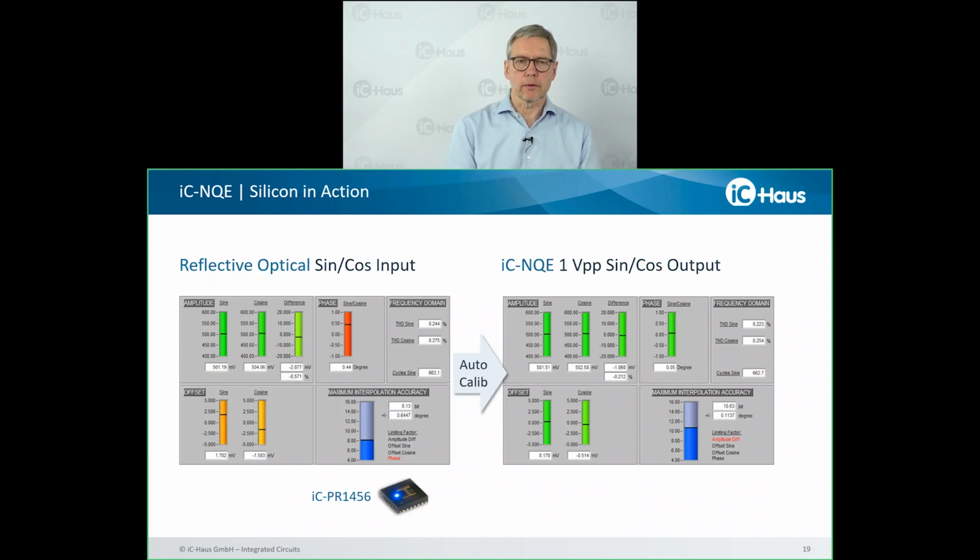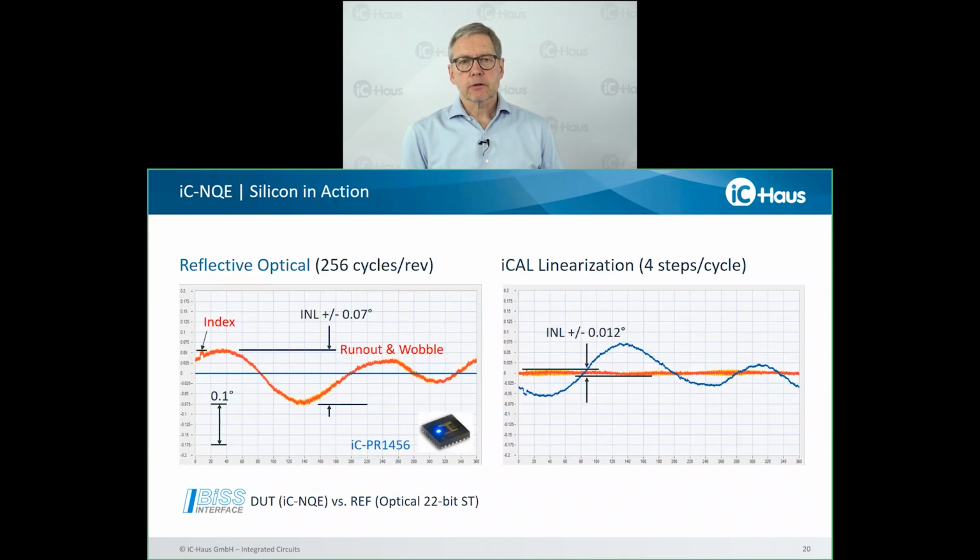Well, single condition is not everything. So if you mount the sensor, you have to deal with a disk runout and maybe height wobbling. And as visible on this small INL screenshot here, there's also an optical crosstalk from the index visible. Now, all those measurements I'm presenting in the following have been taken from the iC-NQE GUI as a screenshot.